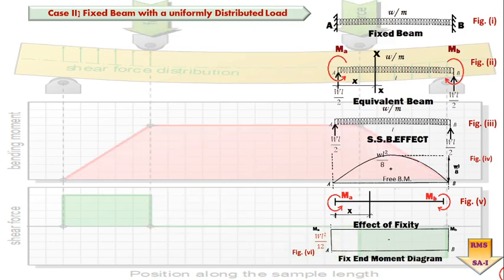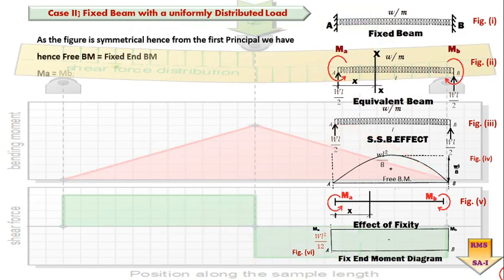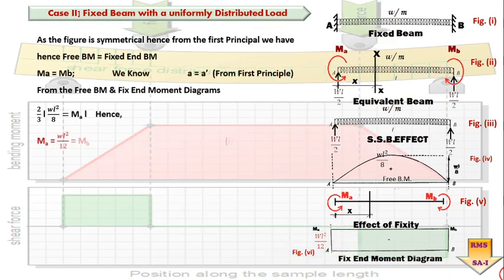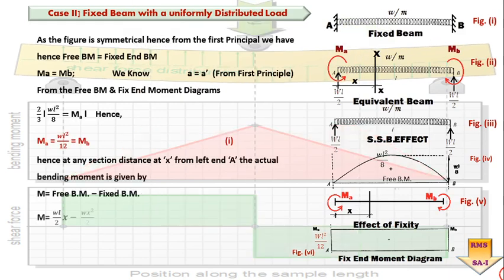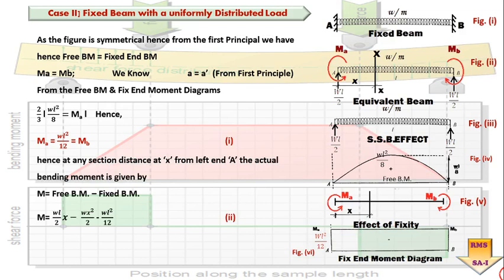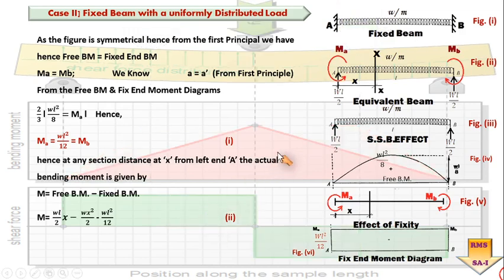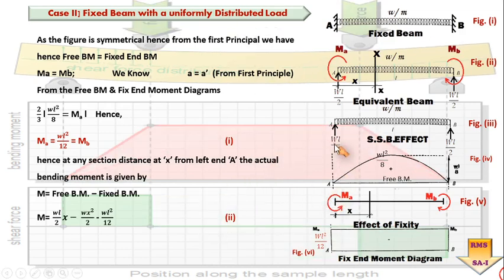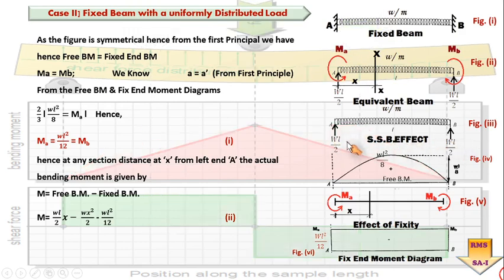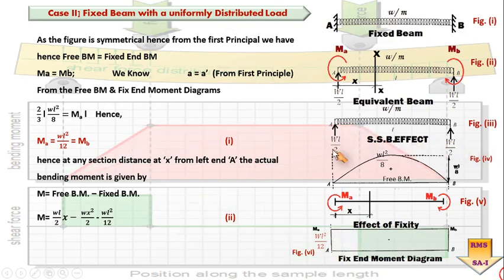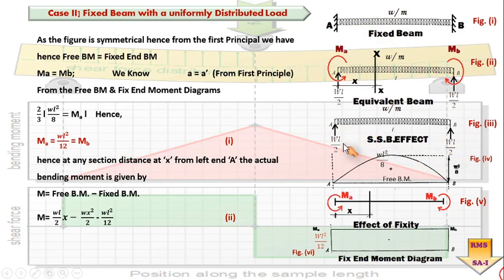So moving ahead, we can see again in this particular case this beam is a symmetrical beam. So I know what we have to understand out of this, that whatever reactions we will have for a simply supported beam will be the same, that is VA is equal to VB, that is equal to WL by 2 and WL by 2.